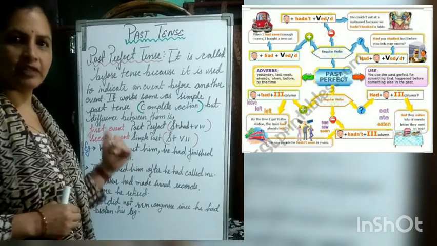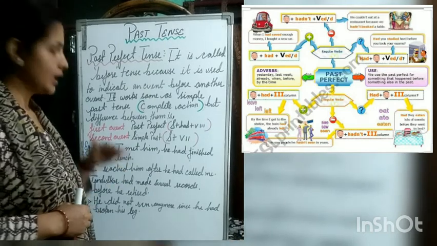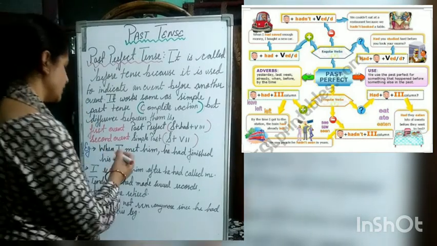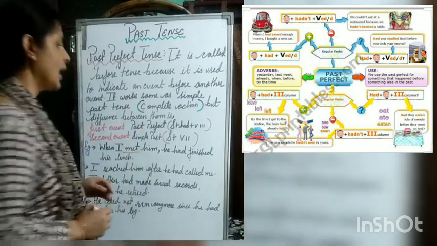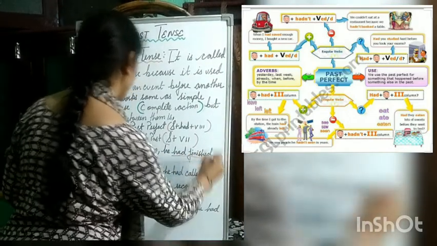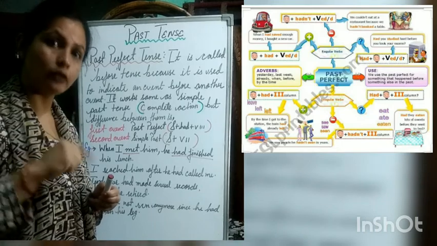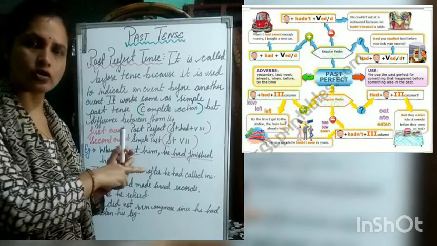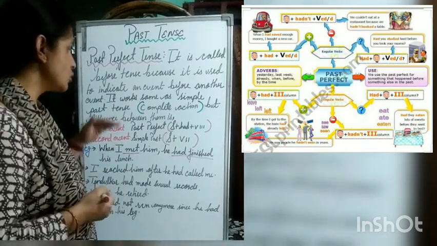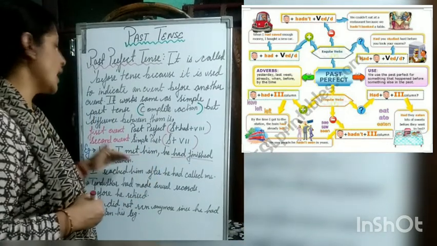Now let us take help of these examples. When I met him, he had finished his lunch. Children, in this sentence, two actions took place. The first action is "met", and the next action is "had finished". Now we have to identify which is the first event and which is the second event, because these are two actions. We have to identify which action took place first. So of course, he had finished his lunch first and then I met him.